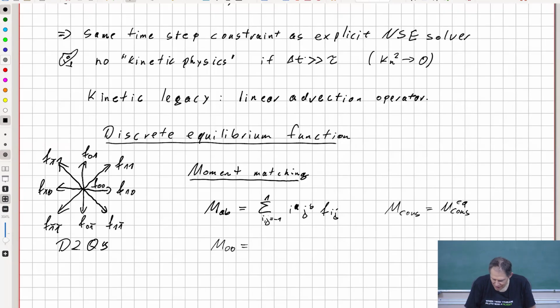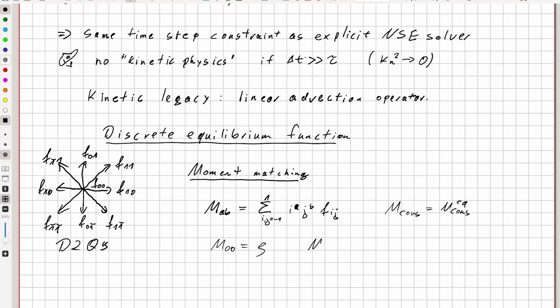M00 is density or mass, the way you interpret it. M10 is equal to rho u. M01 is equal to rho v.